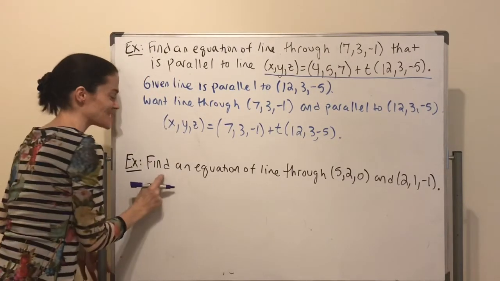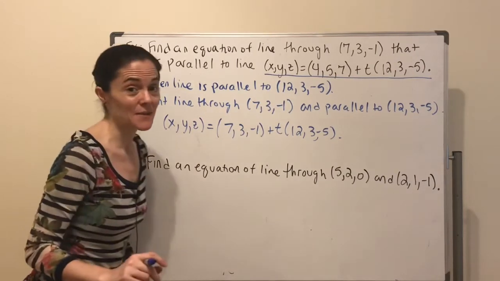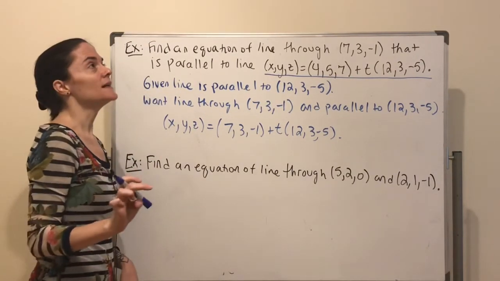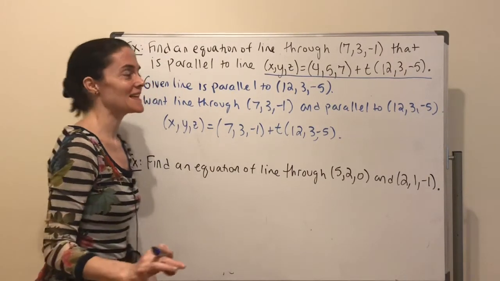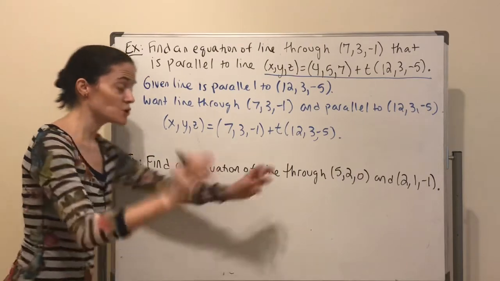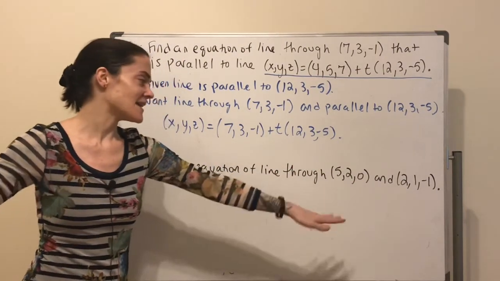Now, this one is very nice because this is kind of like the first one that we saw in R2, where I started with slope intercept, point slope like this. We have two points in R3, and we want an equation of the line that connects them.